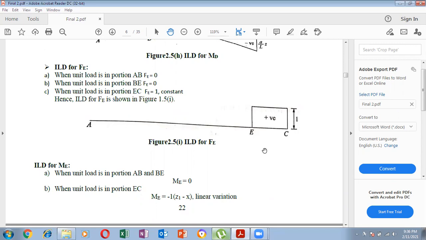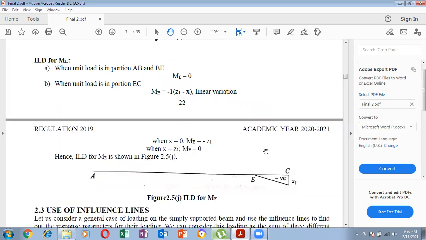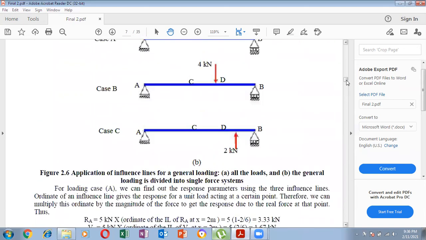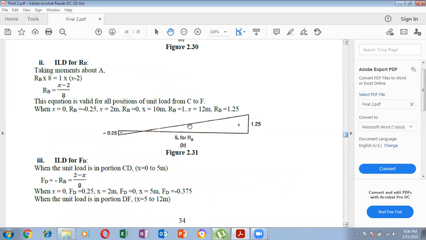For shear force, it will be a rectangle of intensity 1, and for bending moment, it will be an inverted triangle. Let us solve a sum using this influence line diagram for an overhanging beam.